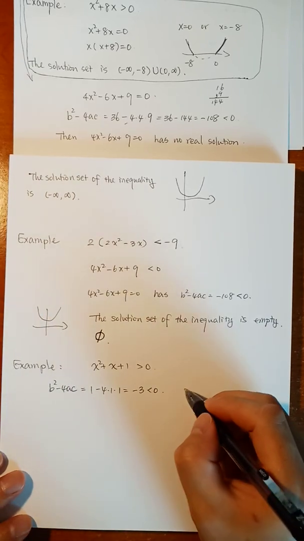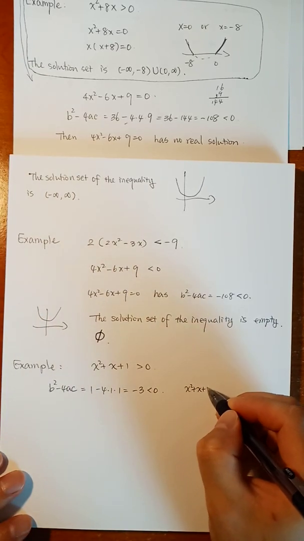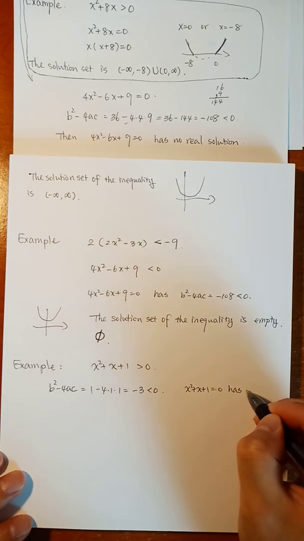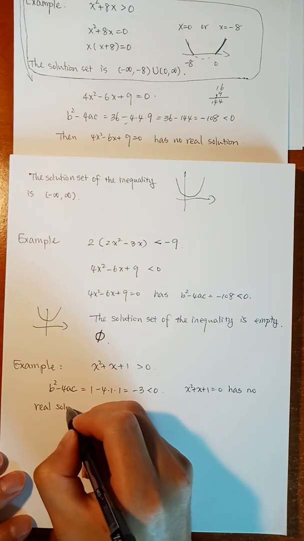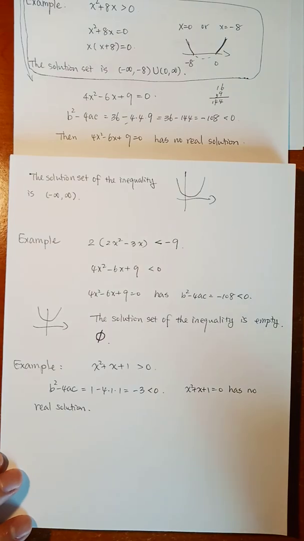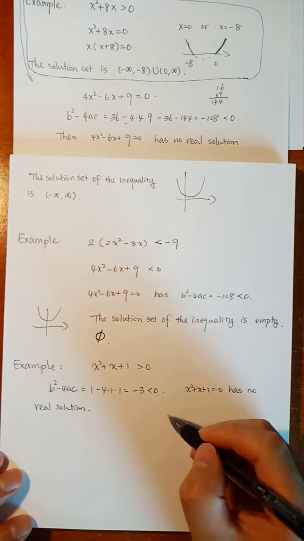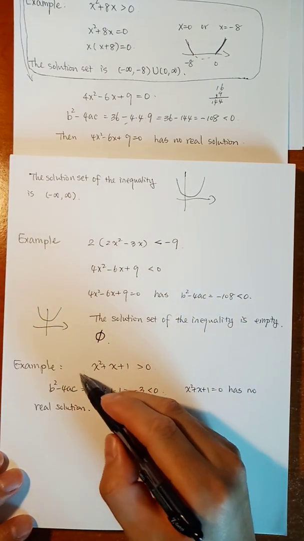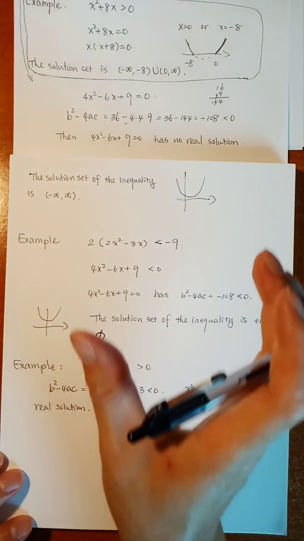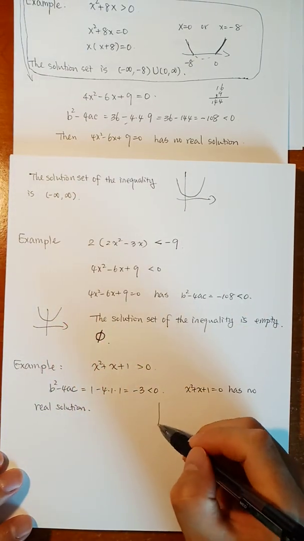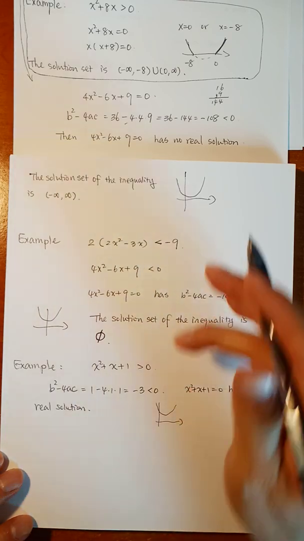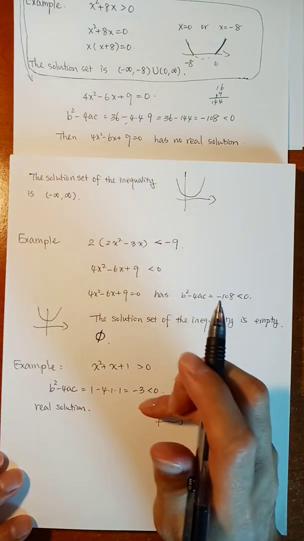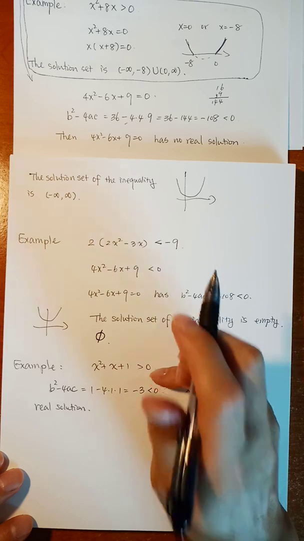This implies the quadratic equation has no real solution, plus the leading coefficient is positive. The opening is up, so you can imagine the whole graph is floating above the x-axis. All the values will be greater than 0.